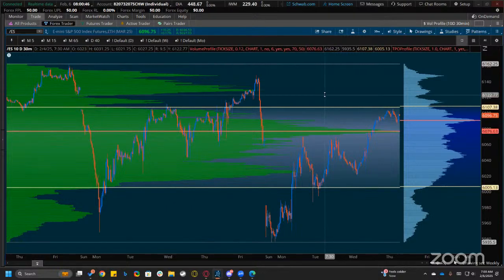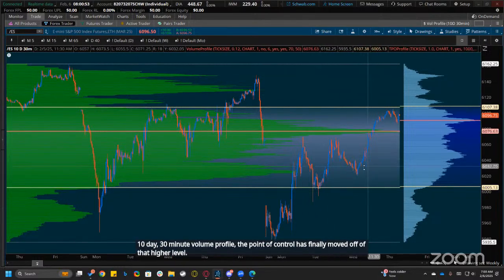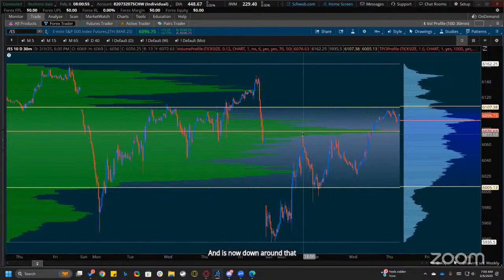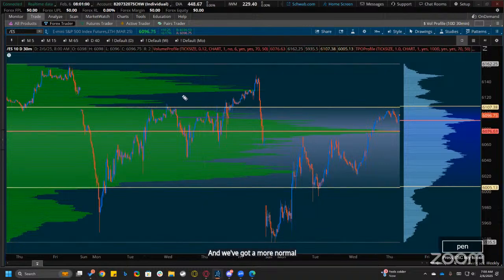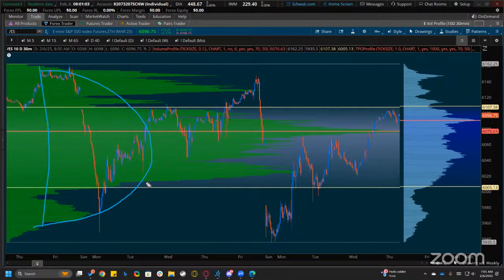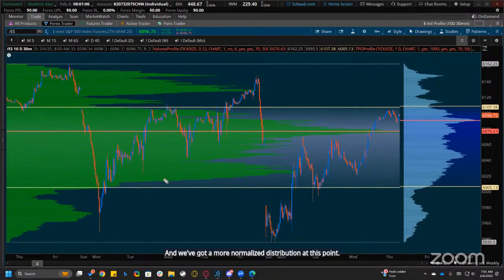On the 10-day, 30-minute volume profile, the point of control has finally moved off of that higher level and is now down around that 60-80 area that we've been talking about. And we've got a more normalized distribution at this point. So we're still not lined up with TPO, and that's all right.